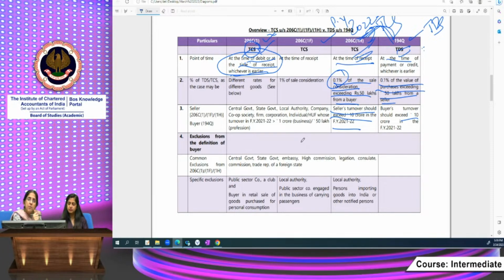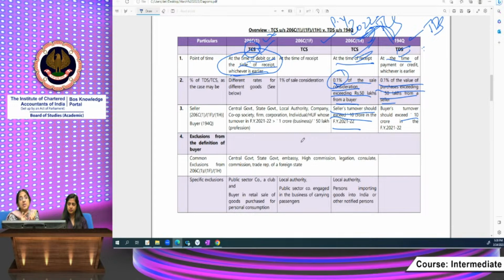Then it falls under the residuary clause, where it normally would have fallen under 206C1H, but the circular has clarified 206C1H will not be applicable in a case where the person uses it for manufacturing. In that case, 1H will not be attracted, but 194Q will be attracted, provided 194Q applies.